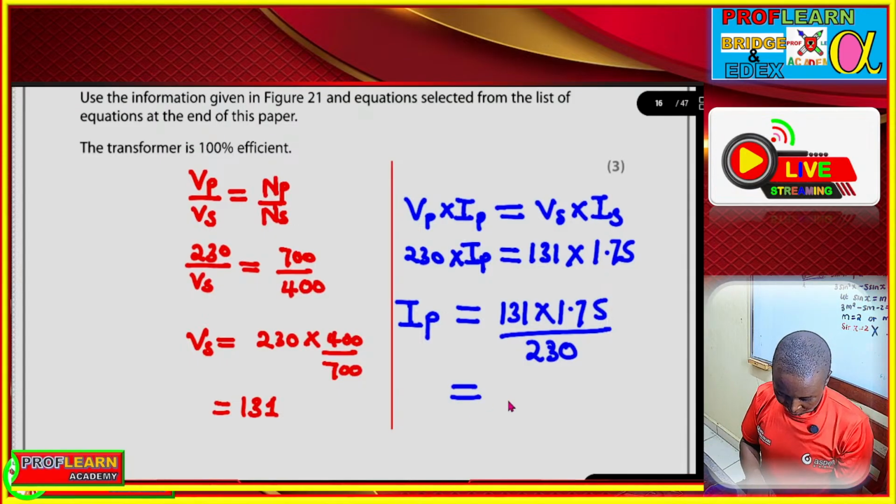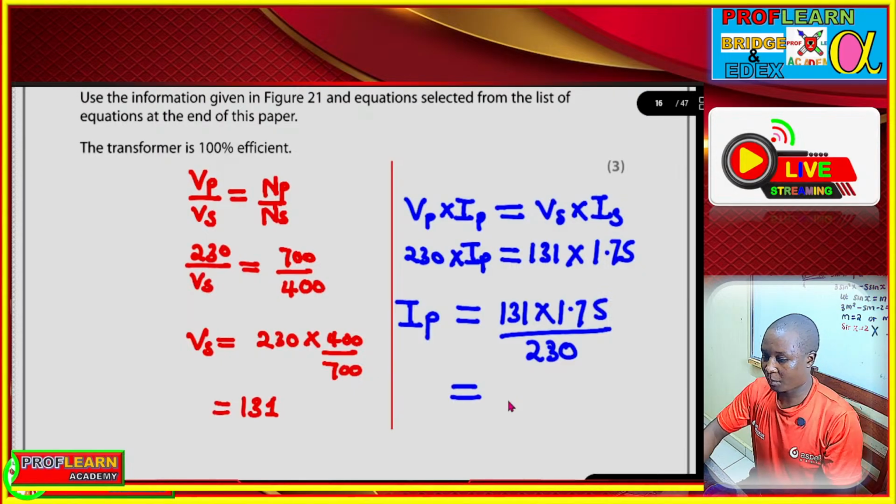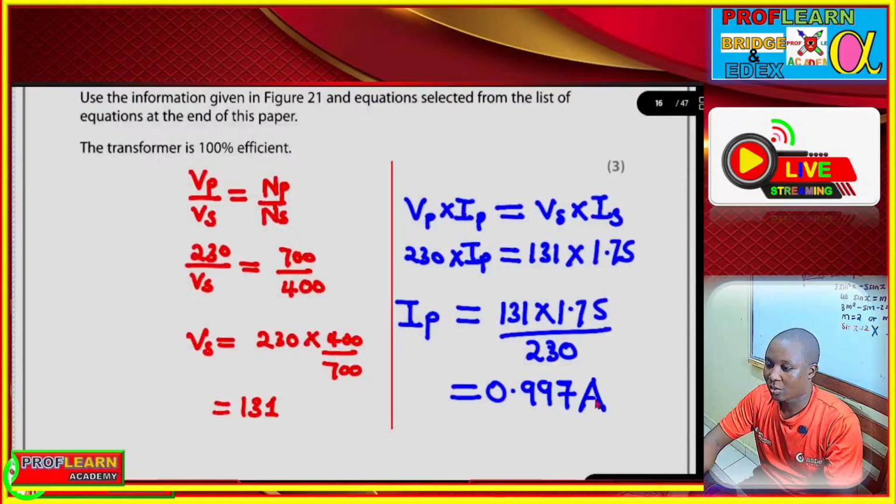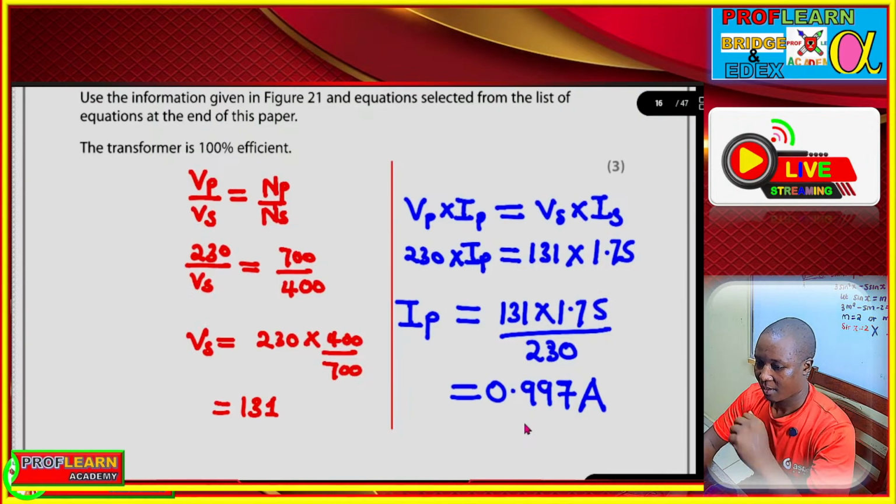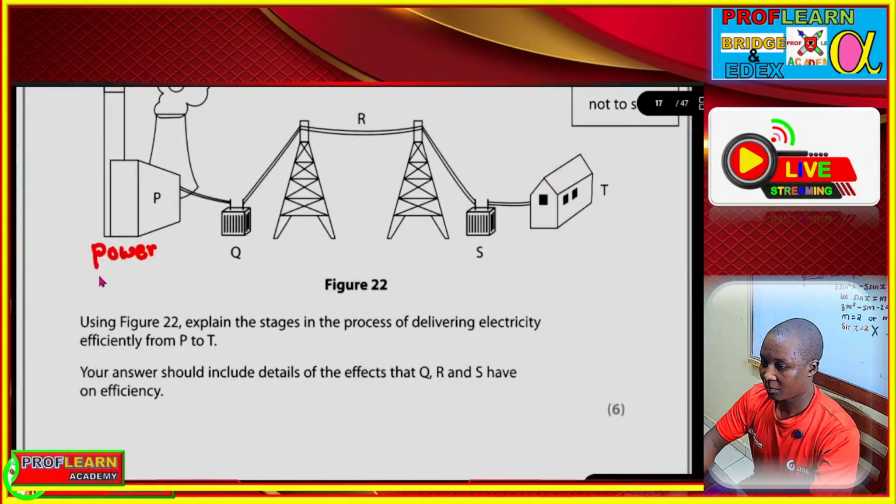This is 131 times 1.75 over 230, and this translates to 0.9967, which is going to be in amperes. So that is what we're going to get at that given point.